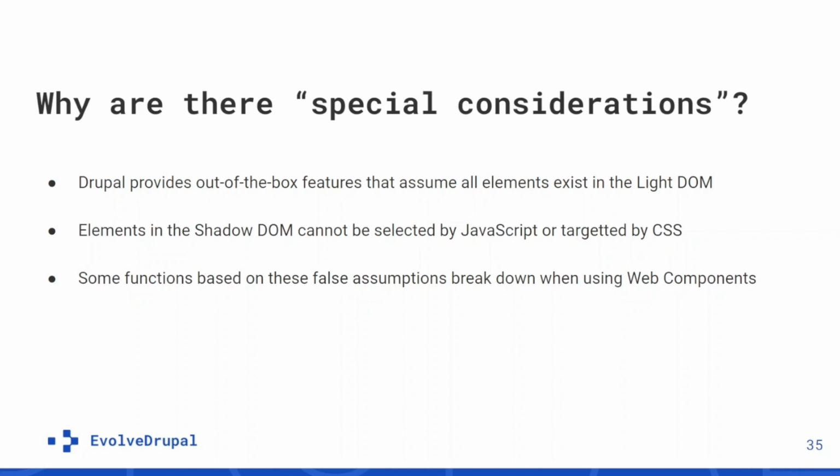And when you start using web components, you can't, because any of the elements inside the shadow DOM are isolated from JavaScript. They're isolated from the CSS. You can't target that. So this is what leads to some of these breakdowns. We're talking Ajax and things like that.